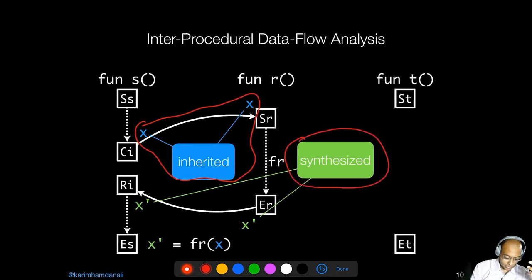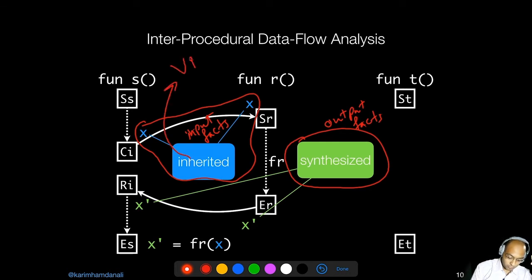Basically these are input facts and these are output facts. To use terminology that we have used in the lectures before, these would be the V in, and these would be your V outs.